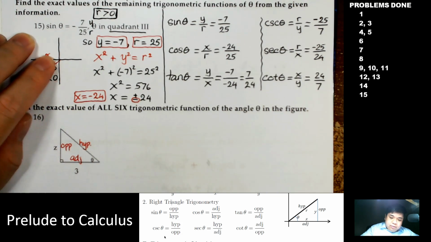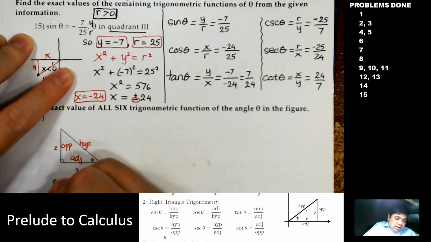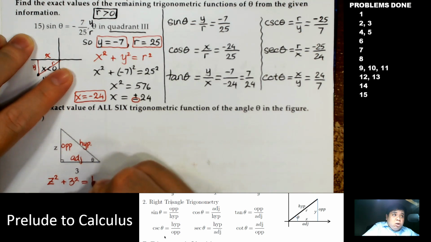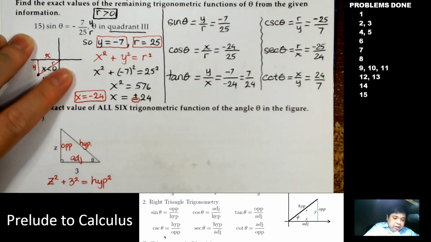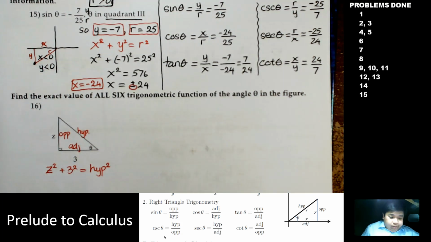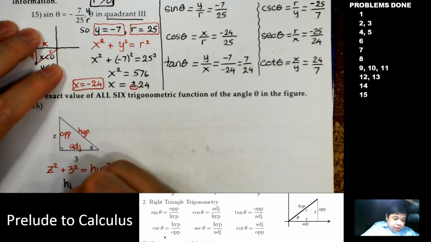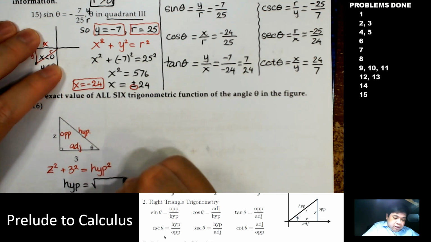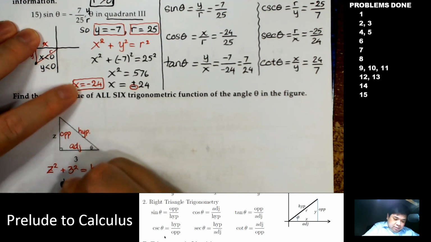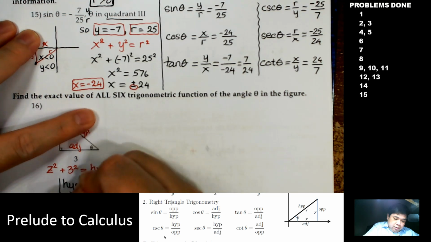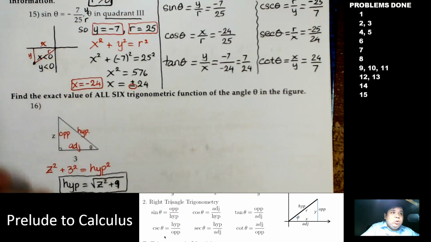So we will have z squared plus 3 squared equal to the hypotenuse squared. And take the square root on both sides, of course plus and minus, but this is going to be a positive sign, so we just keep it positive. Three squared, let's make it 9 instead. So that is 9, 3 squared.